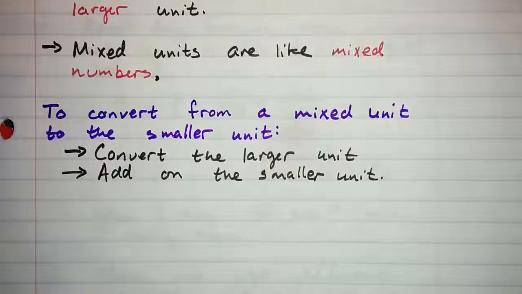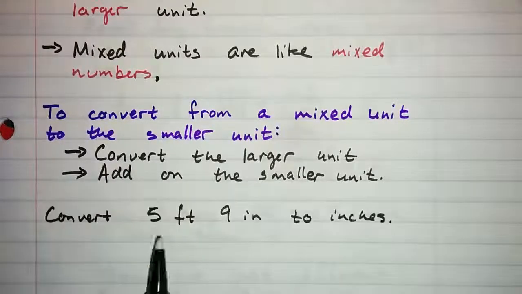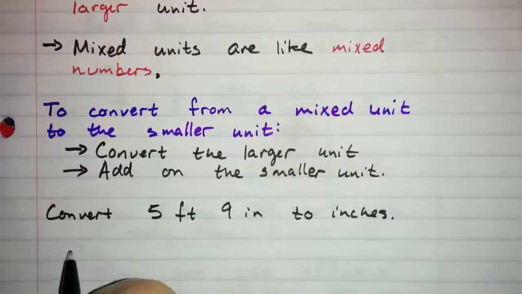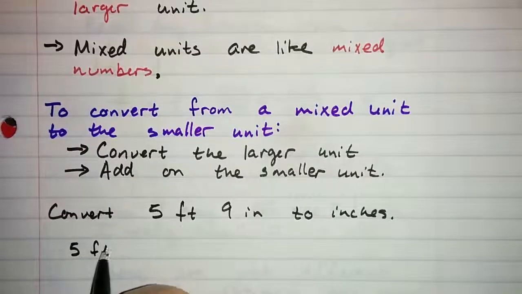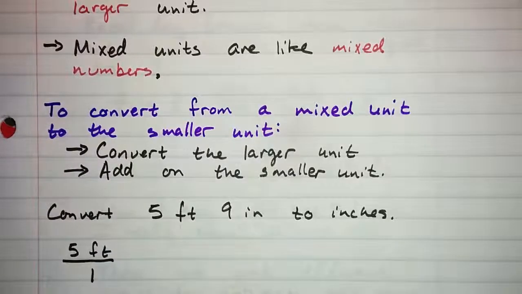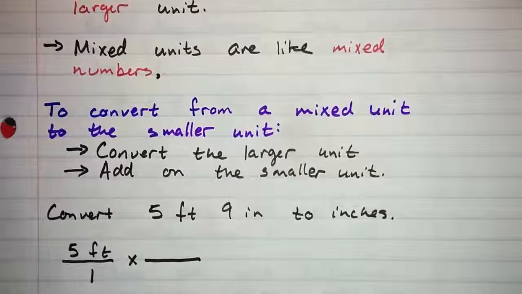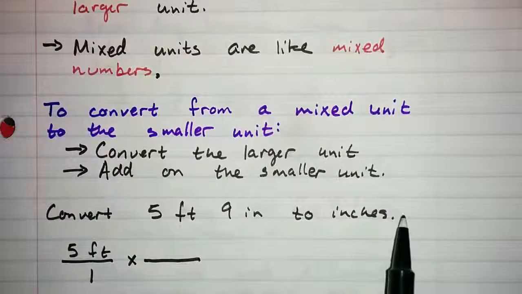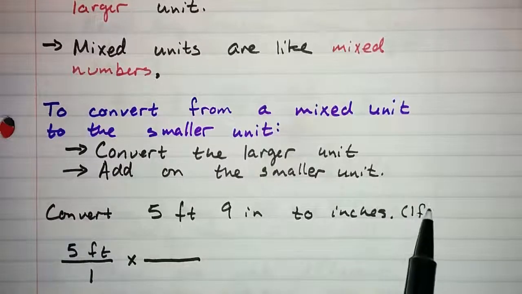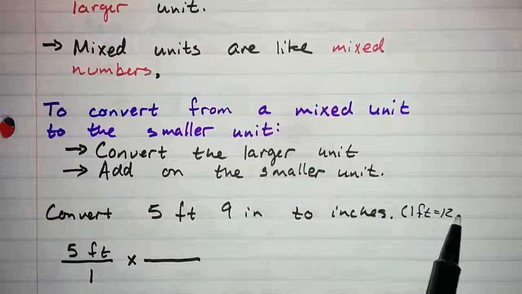So for example, in Lily's case, if we want to convert 5 feet 9 inches to inches, we'll take 5 feet over 1. We'd like to convert it to inches. We should look it up and see that 1 foot is 12 inches.